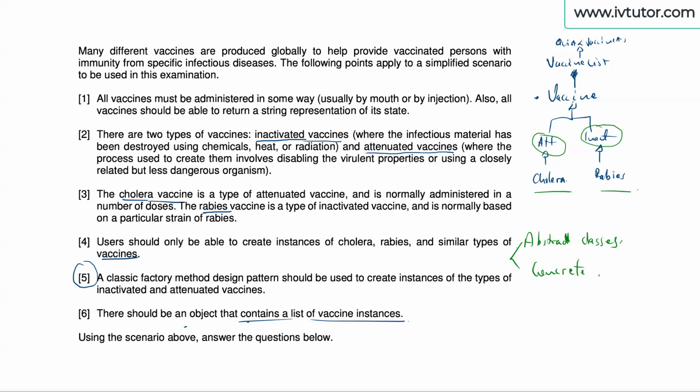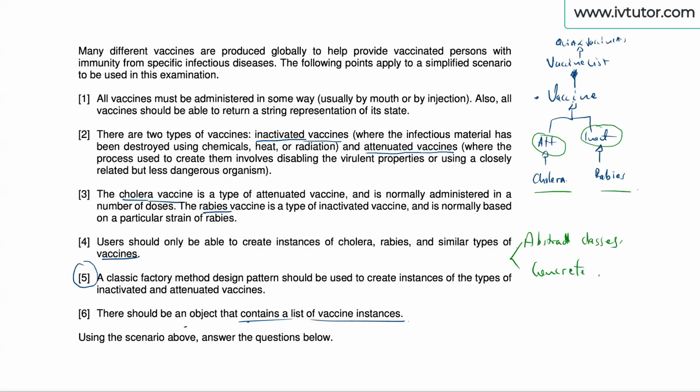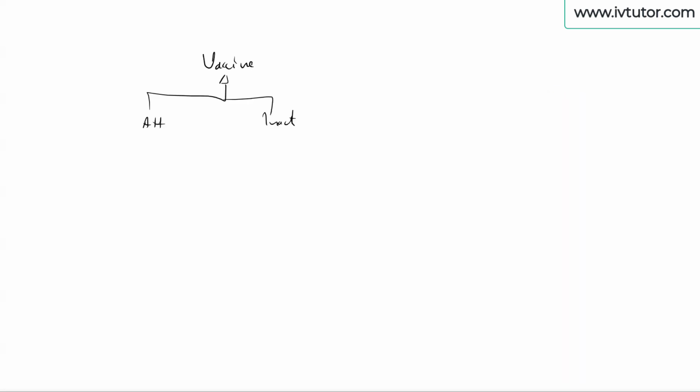But using this example, you realize that you've got a vaccine here, which can be attenuated or inactivated. And then under these two, you can have rabies and cholera.